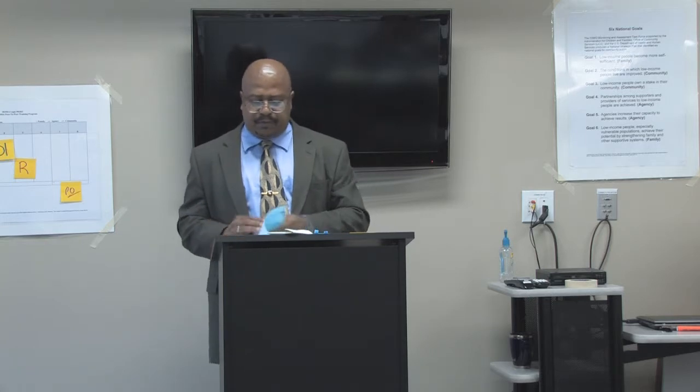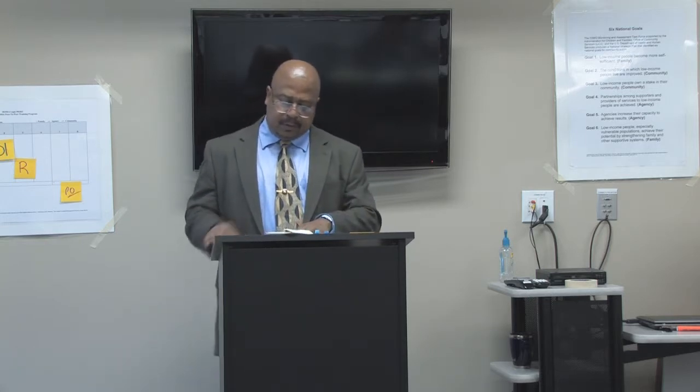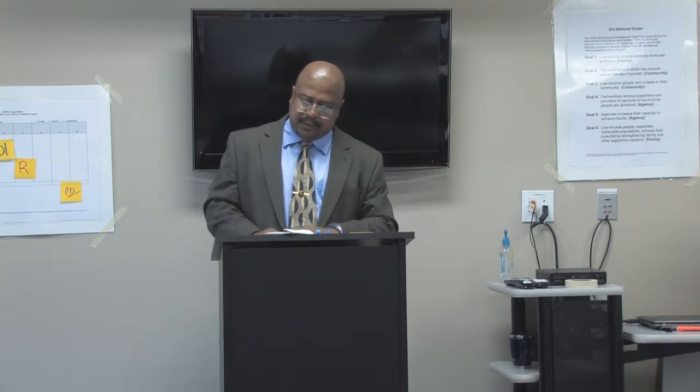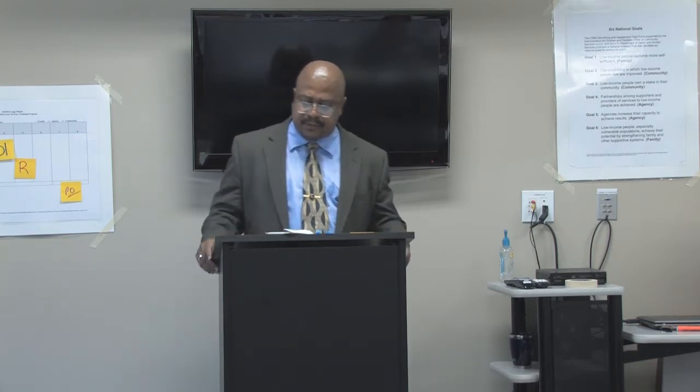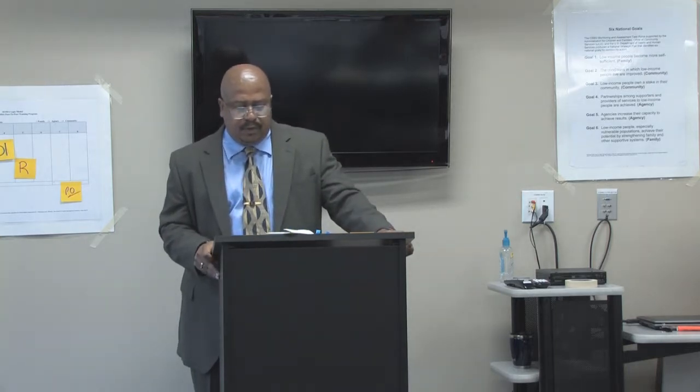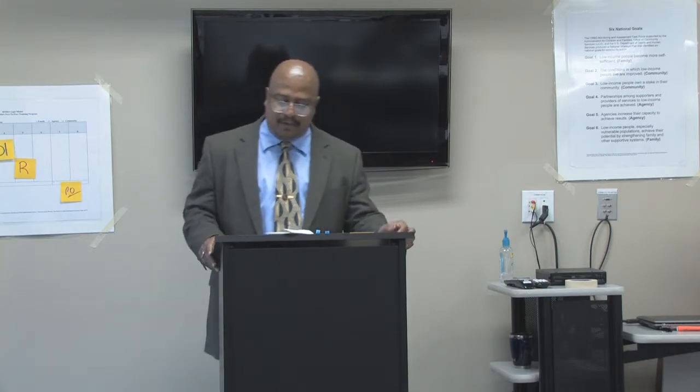Okay, establishing measuring tools, on page 73. Establishing measurement tools and process. When you are considering the outcomes you expect to achieve, you need to consider how you will measure the accomplishment of the outcome.